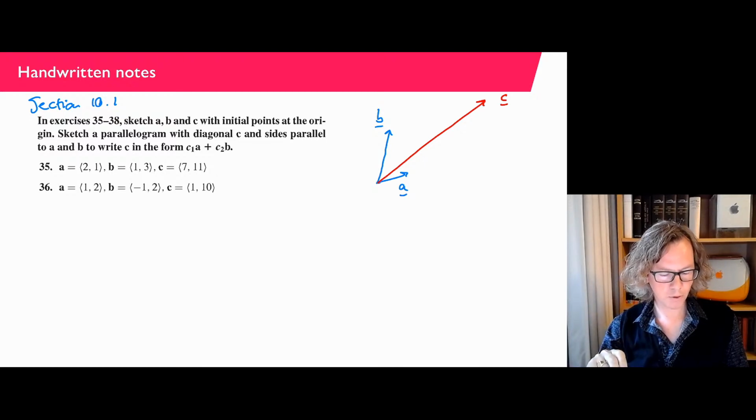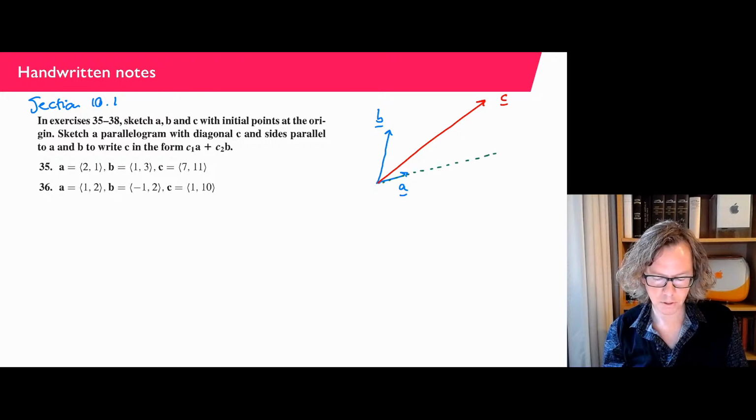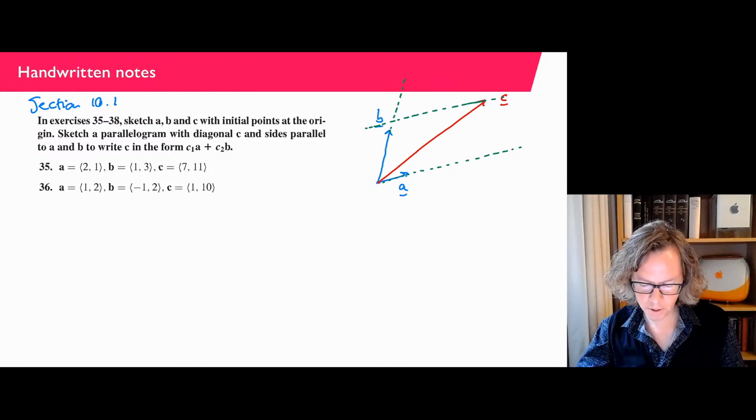The sides should be parallel to A and B, and it should have the diagonal C. So basically what you should do is extend this vector A and extend this vector B. Then you should have a line parallel to how A is going up here, and a line parallel to the vector B, so that's something like this, also going through the point where C is pointing.